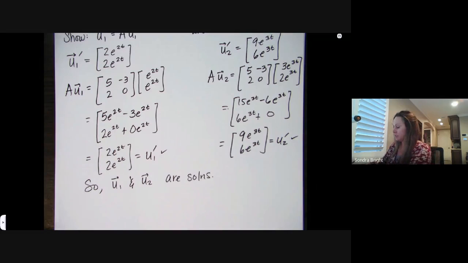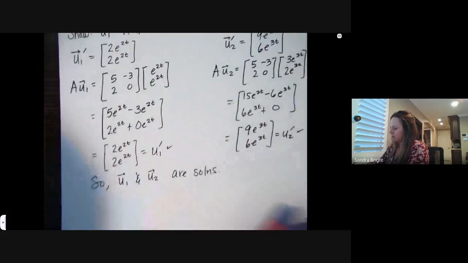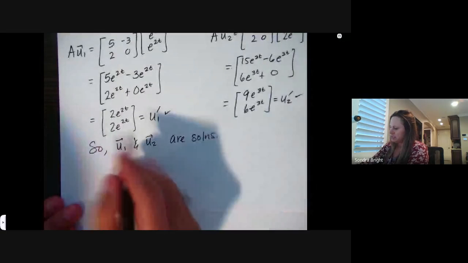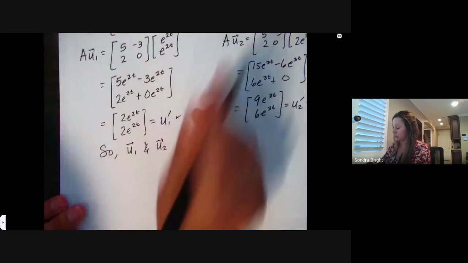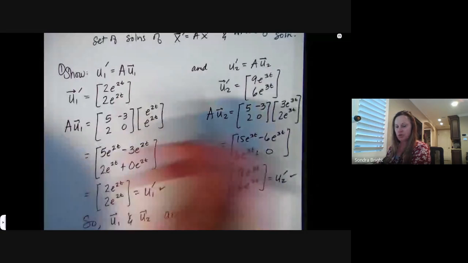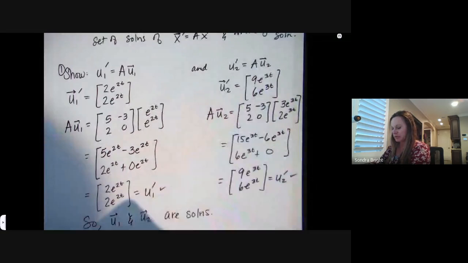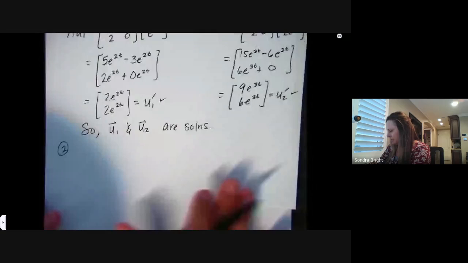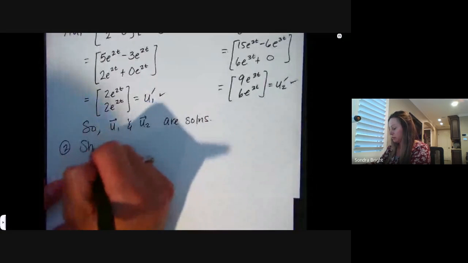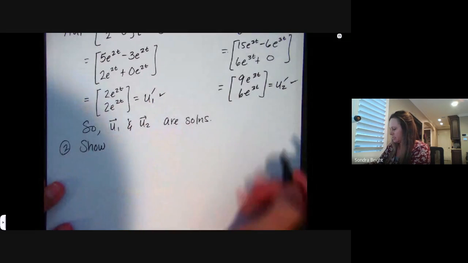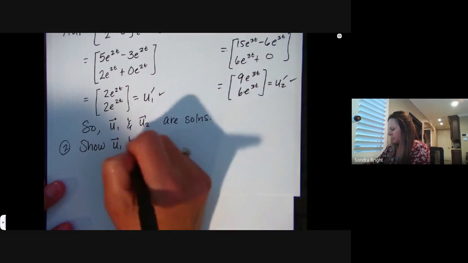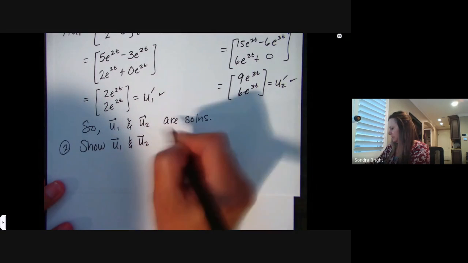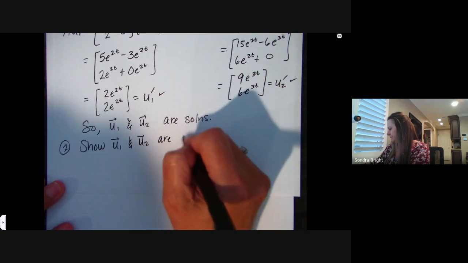Now, in order for them to form a fundamental set of solutions, they also have to be linearly independent. So that's the next step. Step one was to show that these are actually solutions. Step 2 is to show that they're linearly independent, because to be a fundamental set of solutions, they must not only be solutions but also linearly independent.